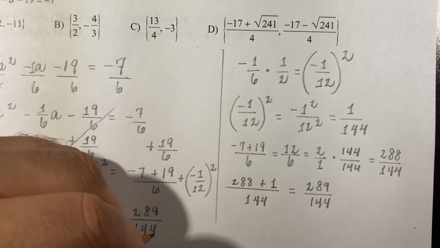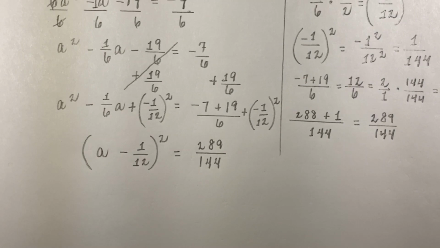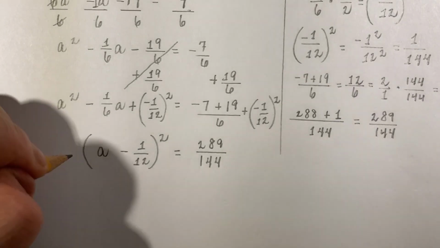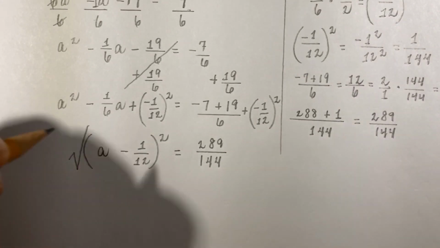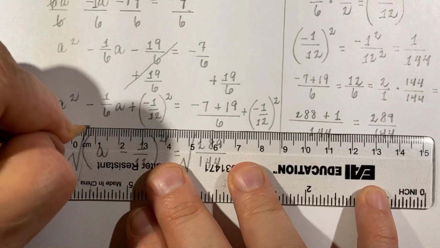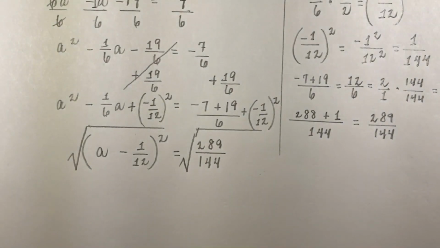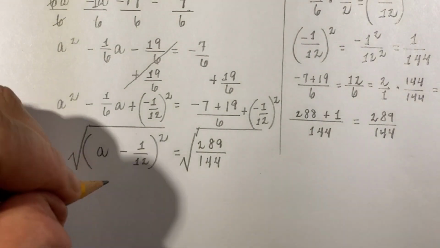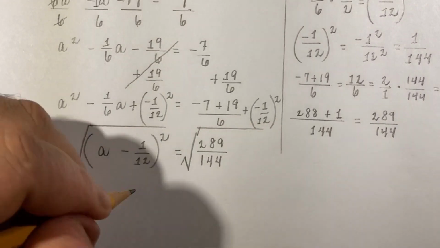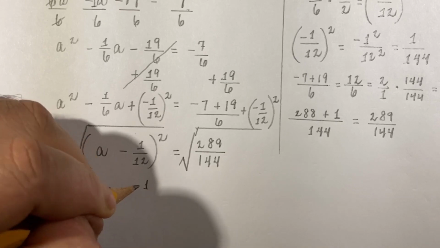Well, now what do we do? Okay, even though the numbers look big, we still take the square root of both sides. And there will be some magic happening here with simplification. So we're not going to end up with big numbers. Okay, so when you take the square root of a minus 1/12 squared, you get a minus 1/12.